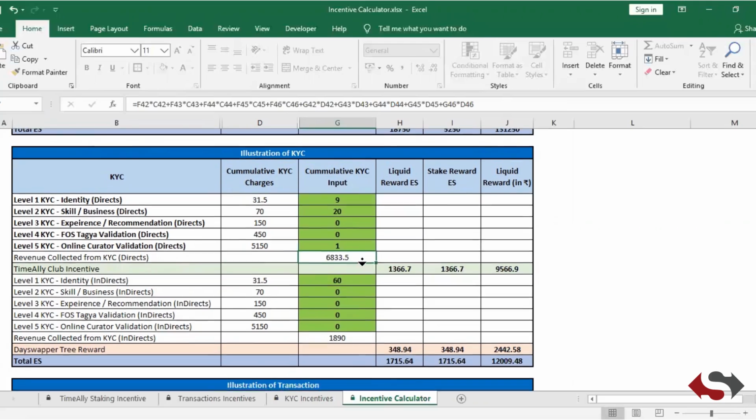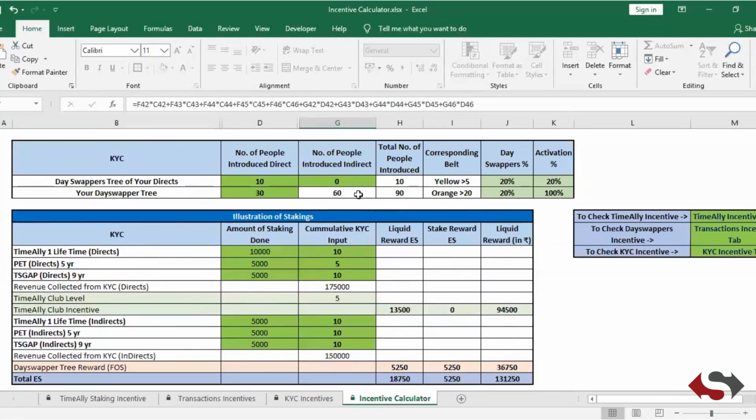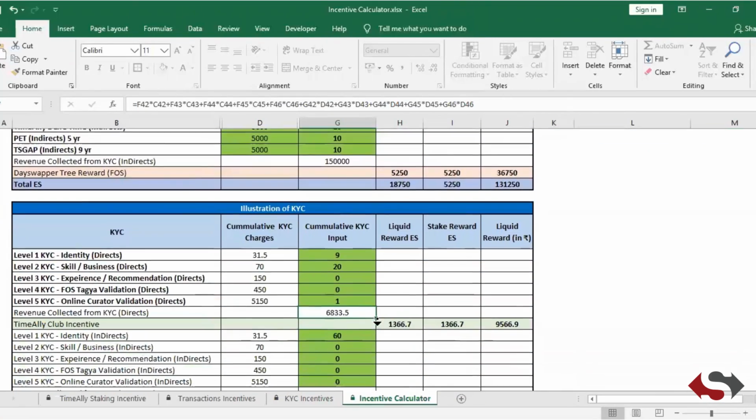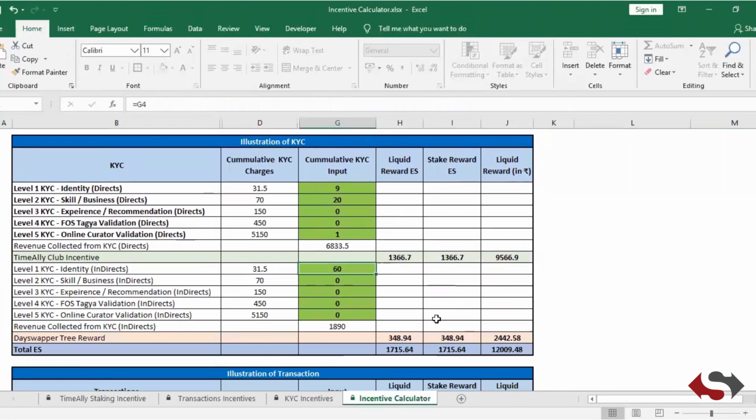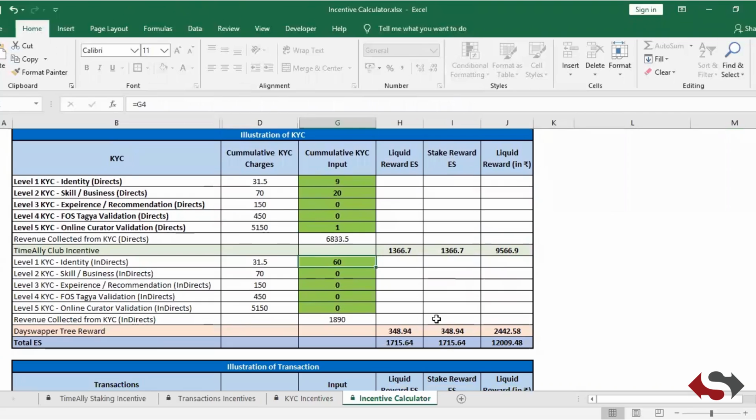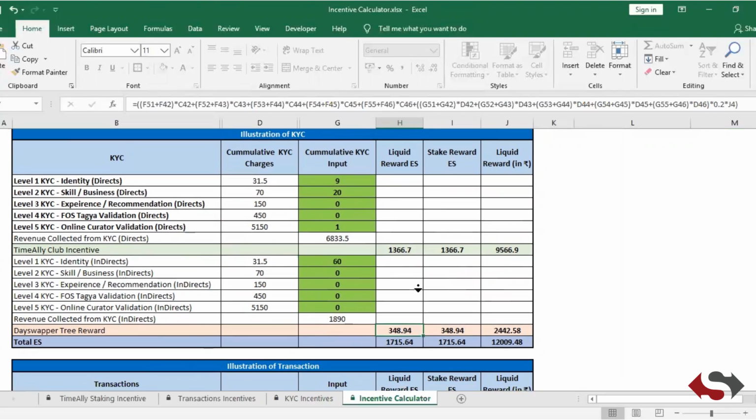From that I shall be getting this reward. Out of the indirects, which I have around 60, they are only doing level 1 KYC and not any other. From this I'm getting a total reward of 1,715, out of which 348 I should be getting from base rapid tree and 1,366 from TimeAlly Club.